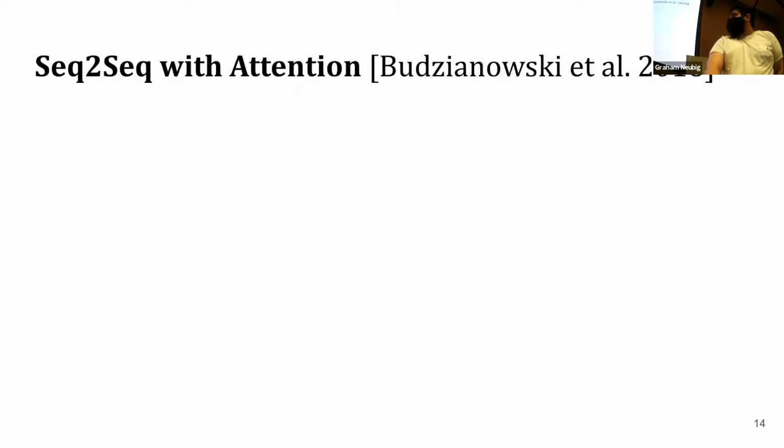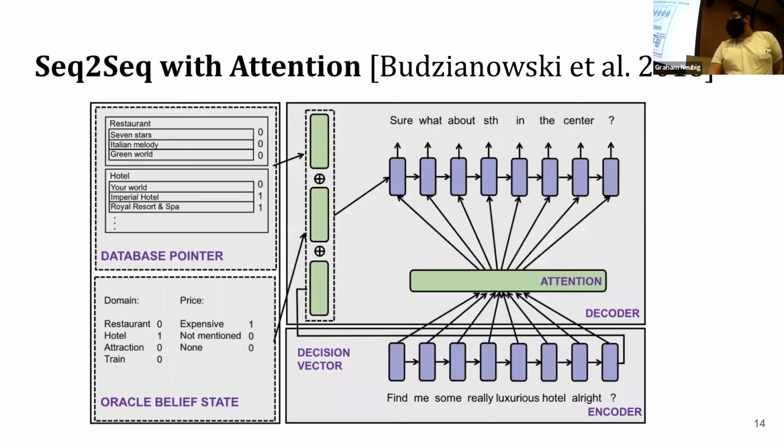Okay, so here is one of the simplest models that you can have for task-oriented dialogue. And this is essentially what was introduced along with the MultiWOZ data set. So if you ignore everything on the left-hand side of this diagram, this is really straightforward. What's happening here is you are encoding some dialogue history with an LSTM encoder. And then you have a decoder that attends over the encoded hidden states.